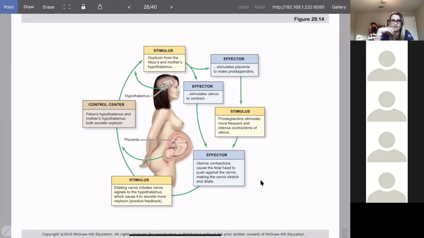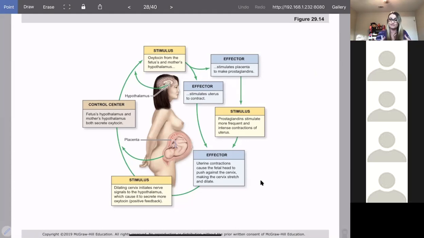That's not usually how it happens. It could. There are women that labor quickly, but generally, even after your water breaks, you have a couple of hours at least. So anyway, that's the dilation stage.